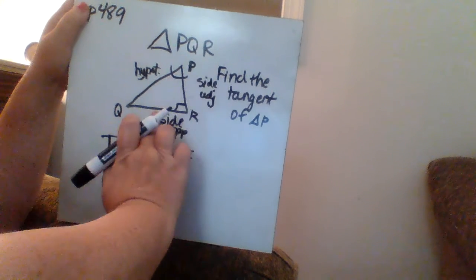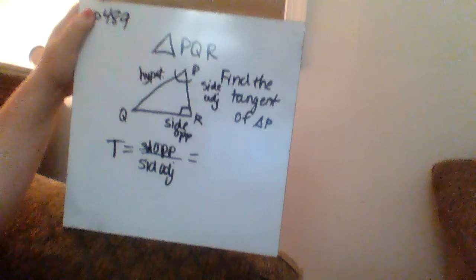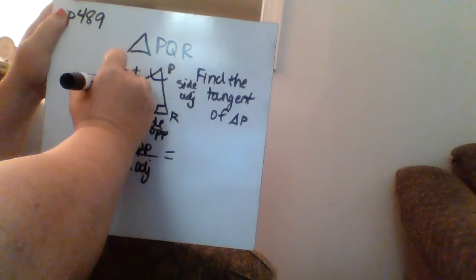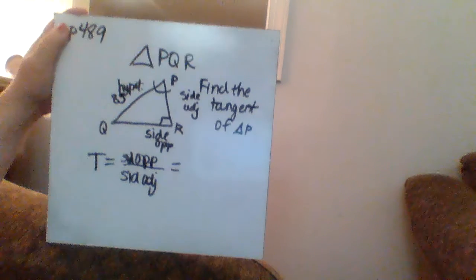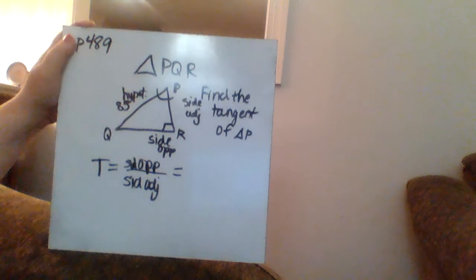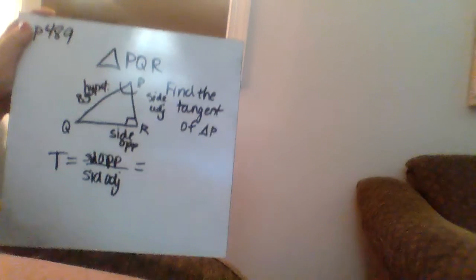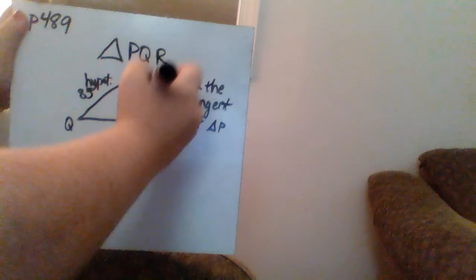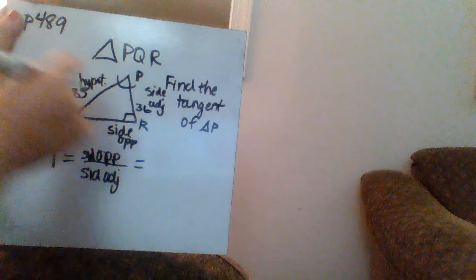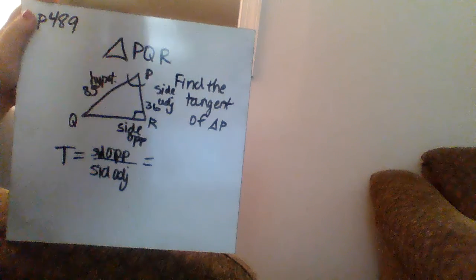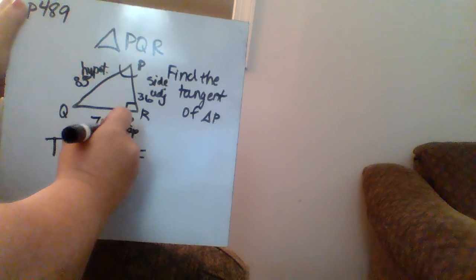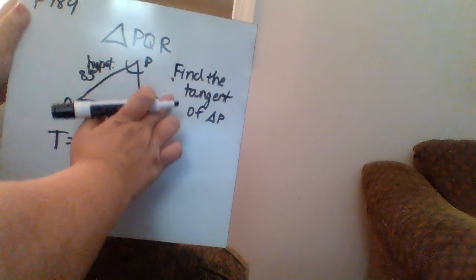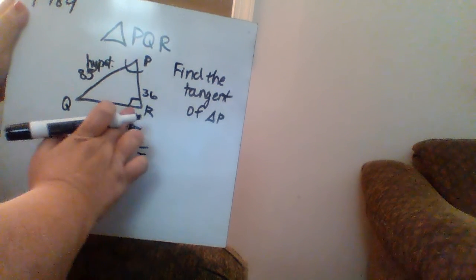So we labeled our sides. Now, in this problem, we see that the hypotenuse length is 85, our side adjacent is 36, and our side opposite is 77.